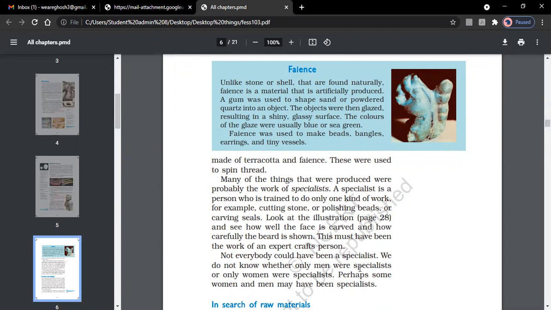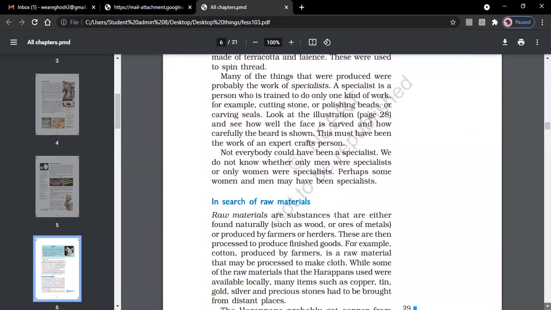Not everybody could have been a specialist. Why could not everybody be a specialist? You have to discuss it in the context of Harappan civilization, along with this paragraph. Not all people are specialists. This paragraph is your answer.